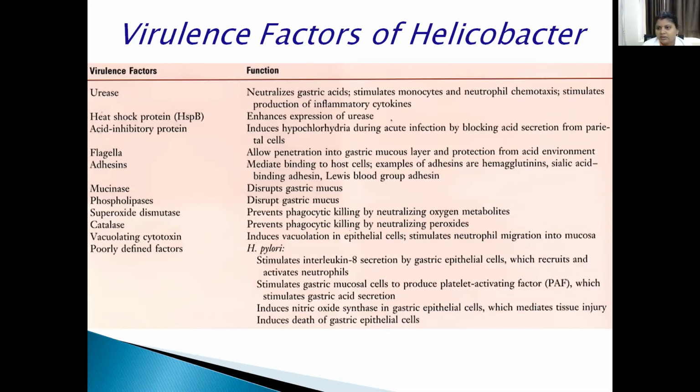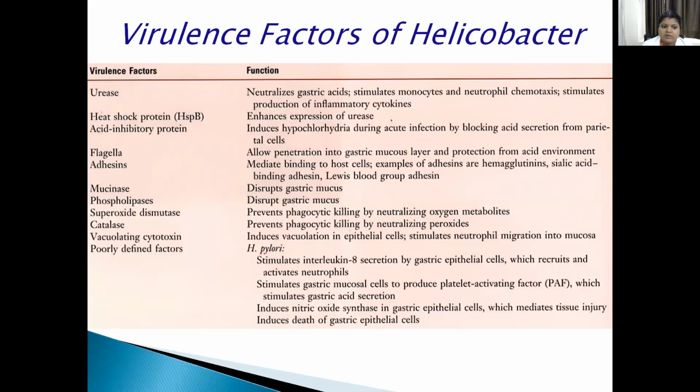Flagella is useful for penetration. As I already told, usually it colonizes the gastric mucosa, but very rarely, because of the flagella, it may penetrate into the gastric mucosa, and sometimes you may see it in other areas. Adhesins also play an important role, mediating adherence to host cells like gastric epithelial cells.